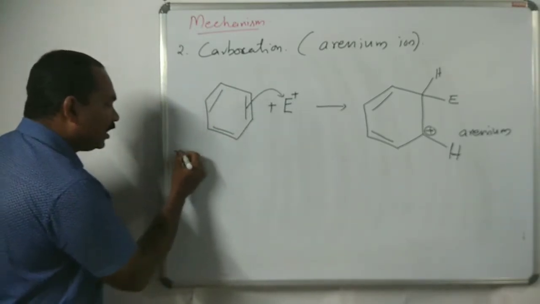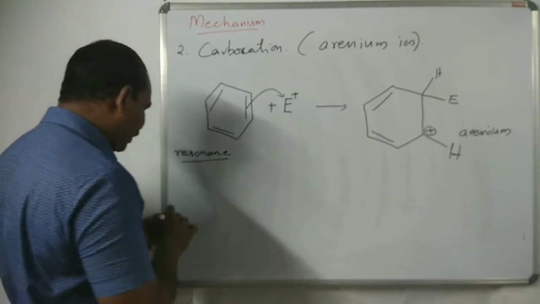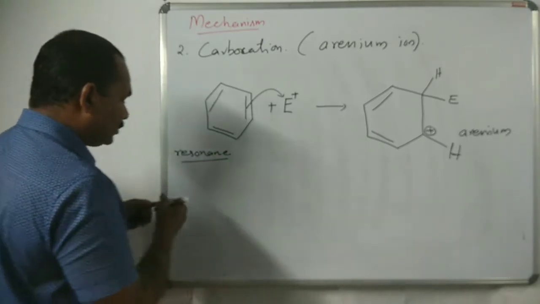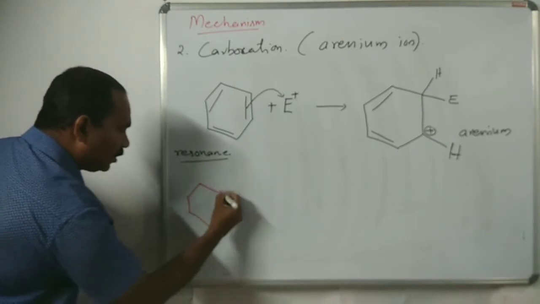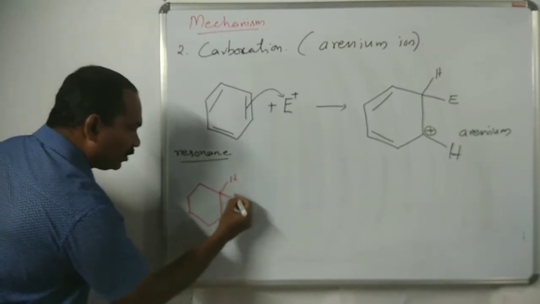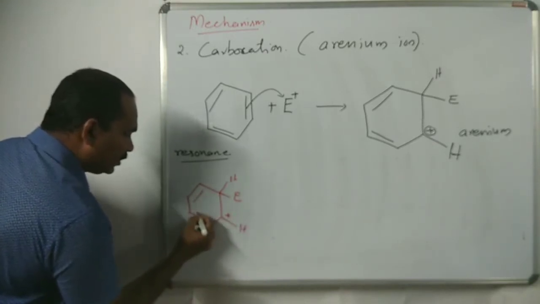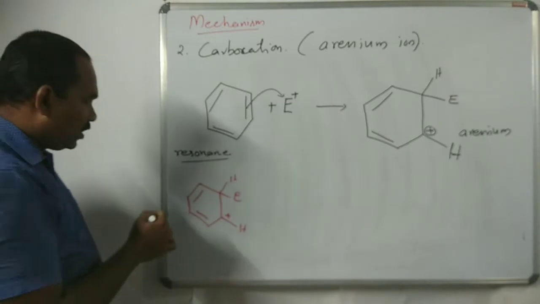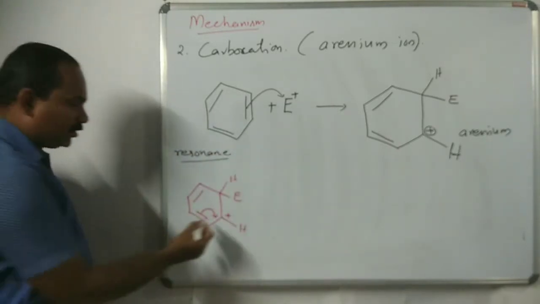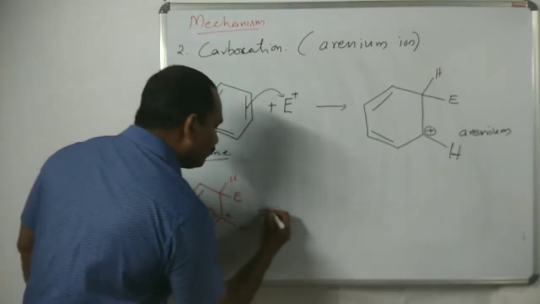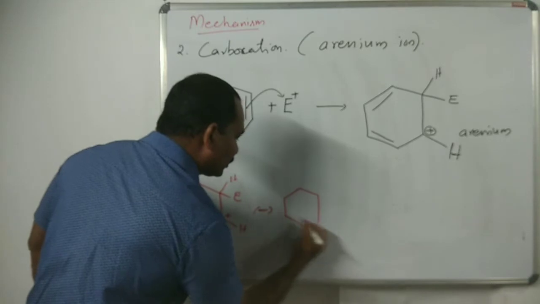Okay, let's discuss the resonance. The arenium ion is stabilized by the resonance. H, E, then H plus. This is the structure. And this pi bond is shifted to this side. Between these two carbon atoms, we get the arenium ion like this.